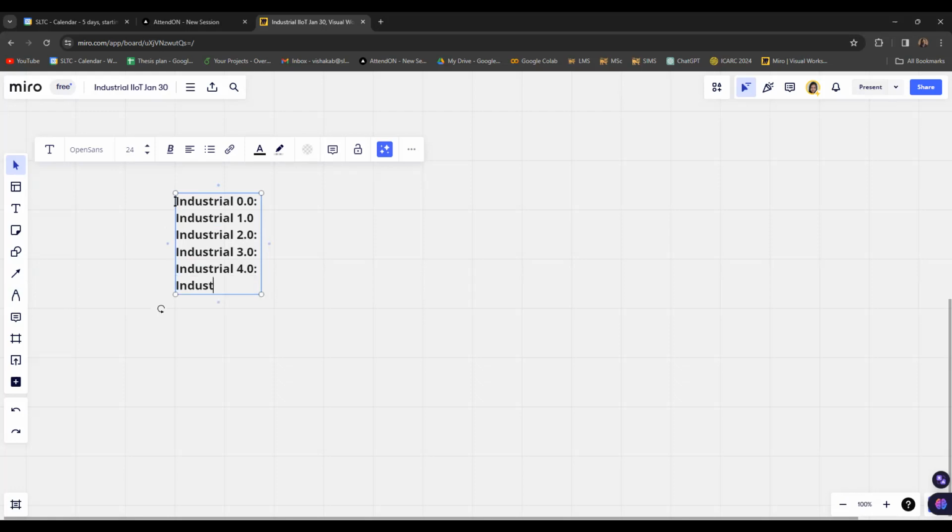And industrial 5.0 also is proposed, but it is still under implementation. When we are talking about IoT, the industrial standards have been defined in this industrial 4.0. In this industrial 4.0, the integration of IoT with industrial systems has been commenced.